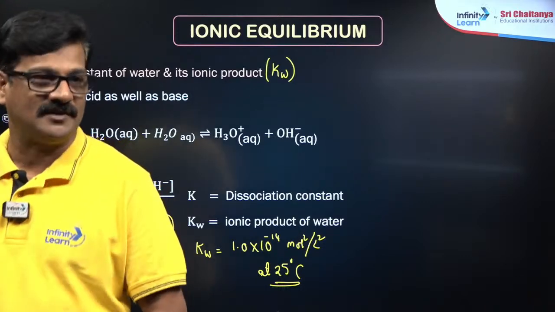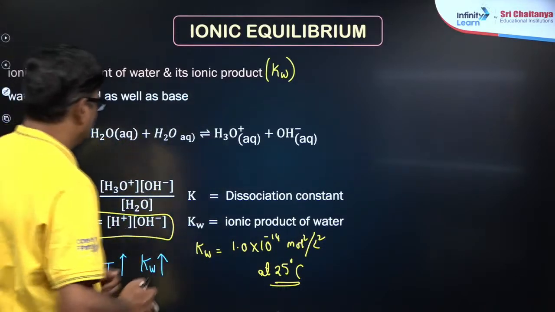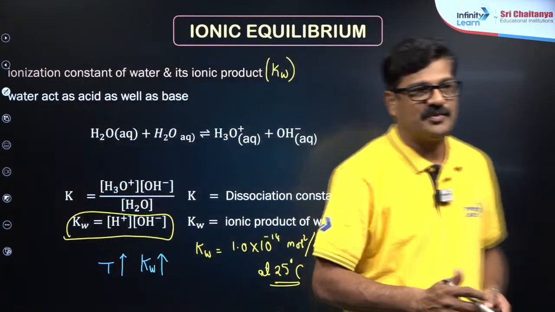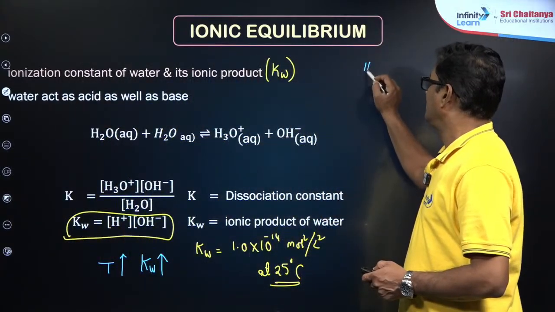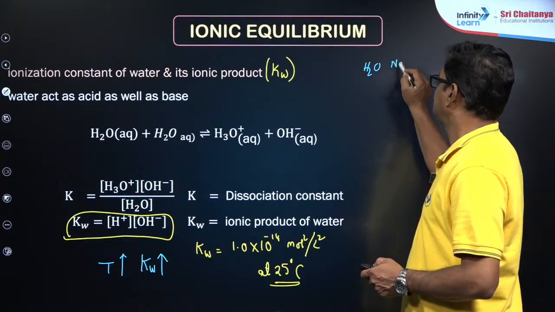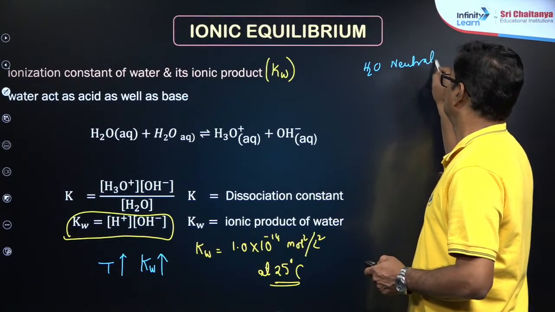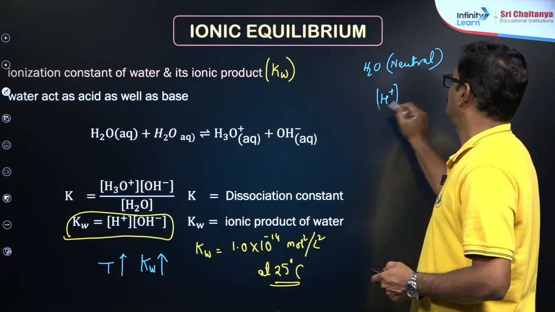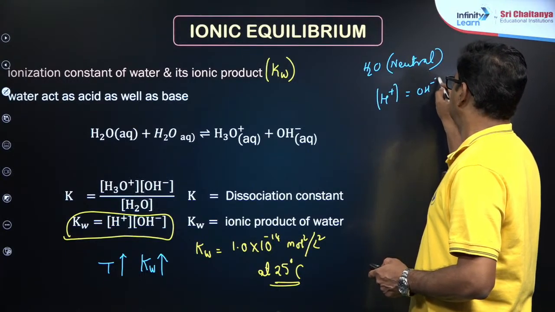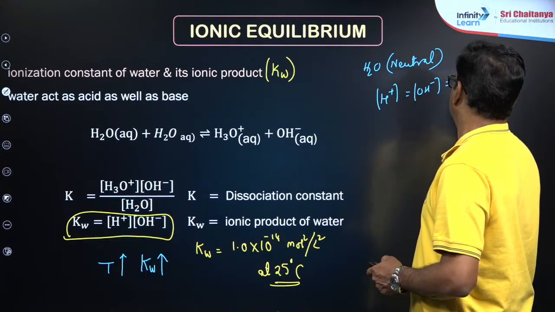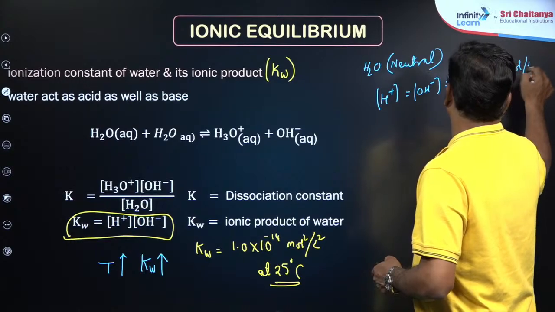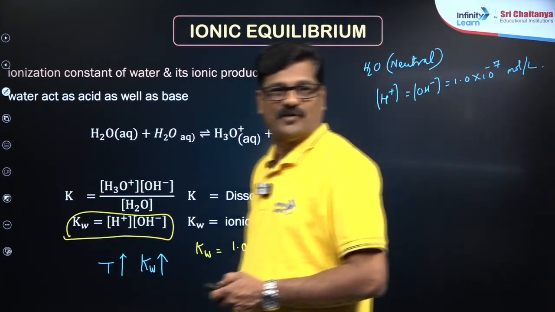Everybody focus here. It is temperature dependent. For water being neutral, H plus is equal to OH minus is equal to 1.0 into 10 to the power of minus 7 mole per liter. Got it?